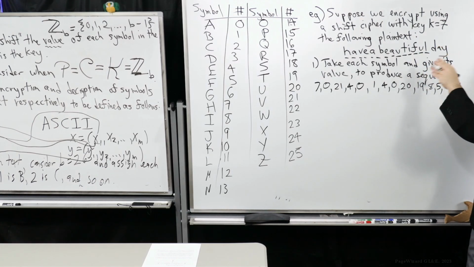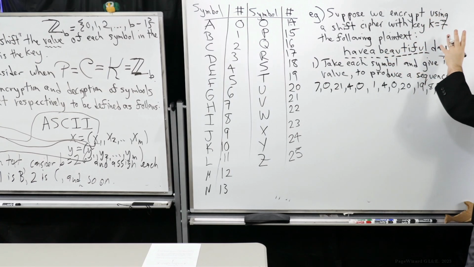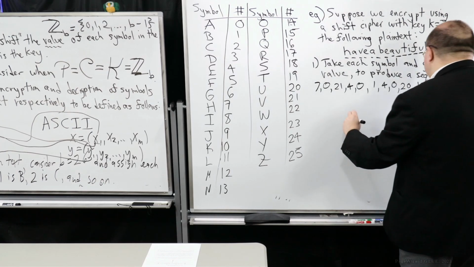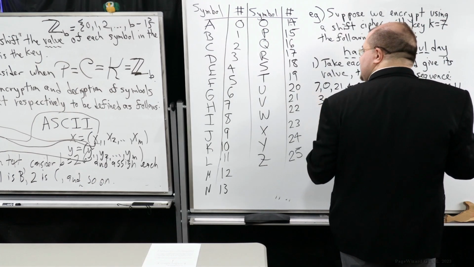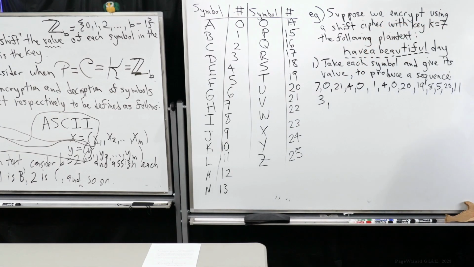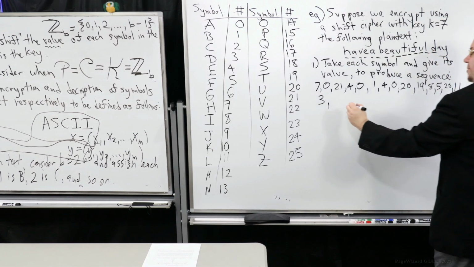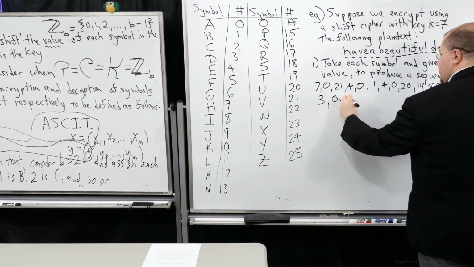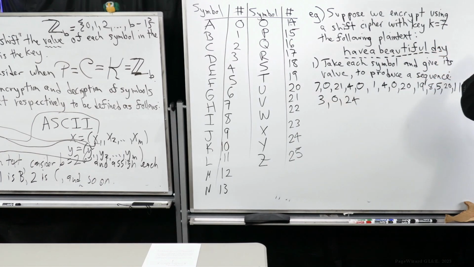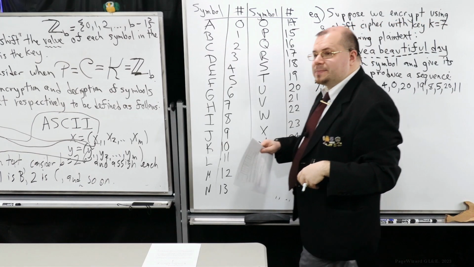This is why we have to be very careful. Make sure you look carefully at the table and make sure you're transcribing the letters to numbers carefully. So then I got D. D is 3. I'm just going to put 3 over here because I'm running out of space on that side. And then we have A is 0, right? And Y is 24. So here's our number sequence that represents the values of each one of these.